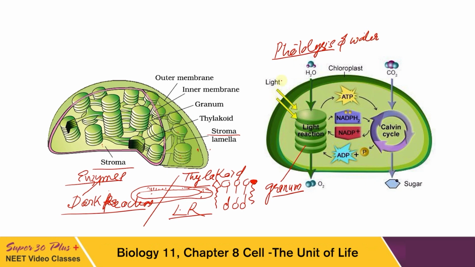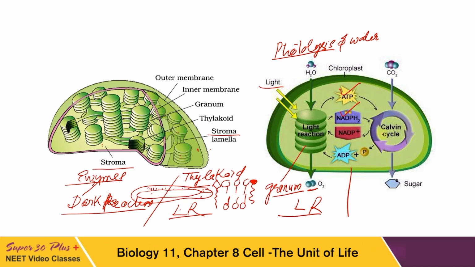Light energy will be trapped. As a result, power will be formed, in the form of ATP and NADPH2. This is the part of the light reaction: photophosphorylation, formation of ATP, photolysis of water, and oxygen released as a byproduct.